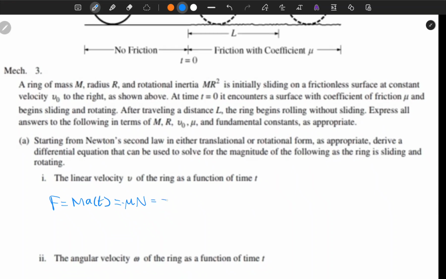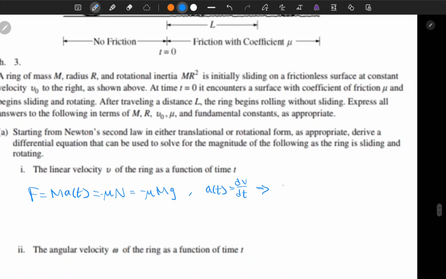So it's equal to negative mu times m times g. Therefore, as a(t) is equal to the time derivative of velocity, we find that dv/dt is equal to negative mu g. So this is the differential equation in question.